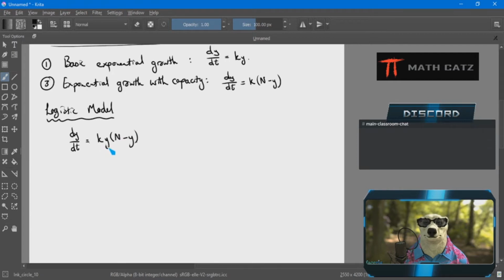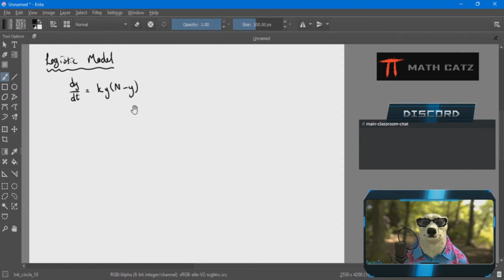Because if the population increases, it's going to push up this right side and the growth rate. But if the gap to the capacity gets closer to the capacity, then this gap in the bracket gets smaller and it pulls the growth rate back down. So this is going to be our logistic model.